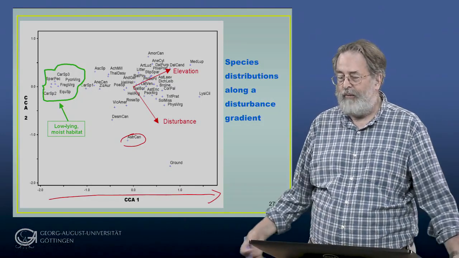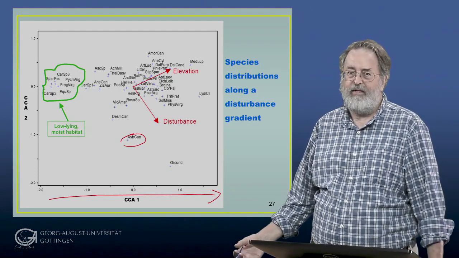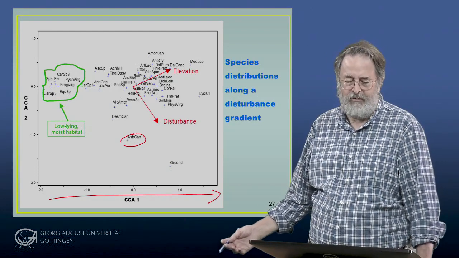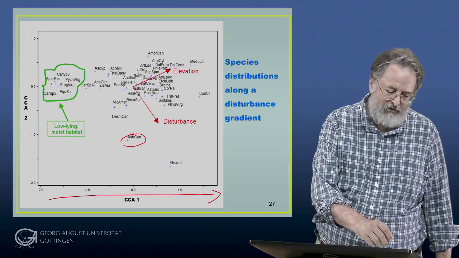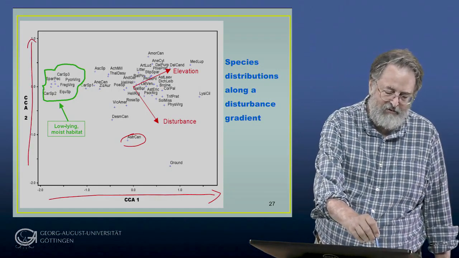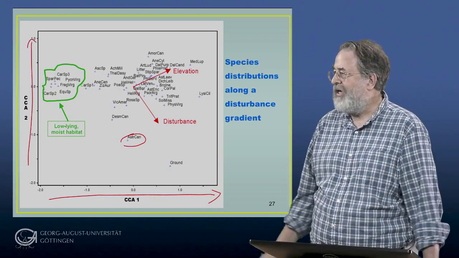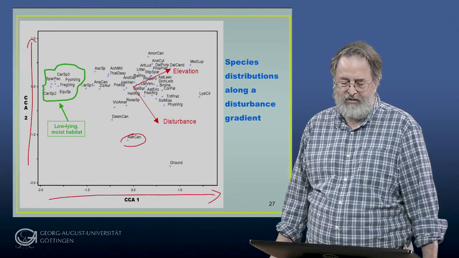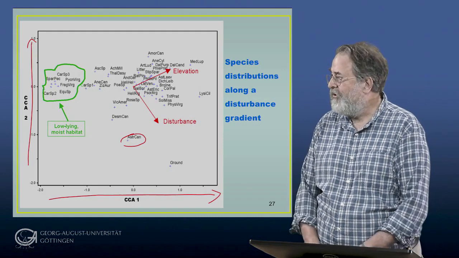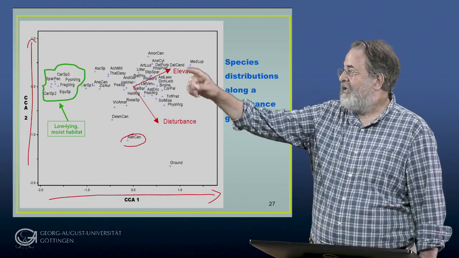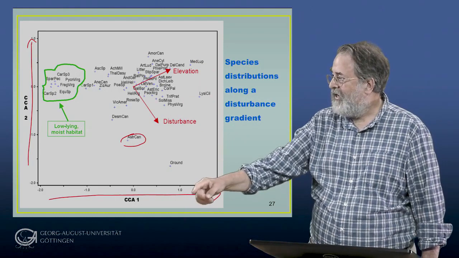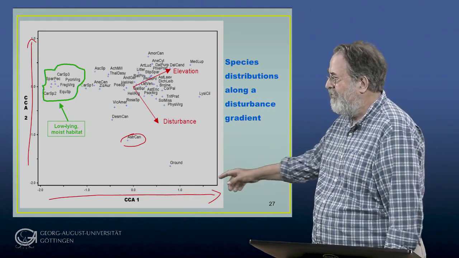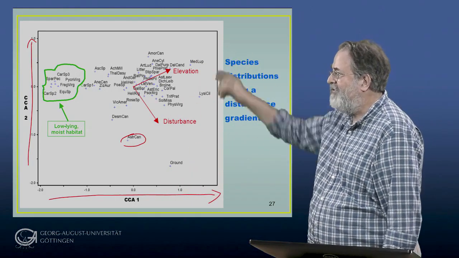And so this represents the primary environmental gradient that's potentially influencing the plants. CCA2 takes what's left of that information and looks at the maximum explanatory power in the next dimension. And so what this does is suggest that if there's a trend in the distribution of plant species, it can be coupled to these two gradients that are related to one another, sort of on the X and the Y axes.